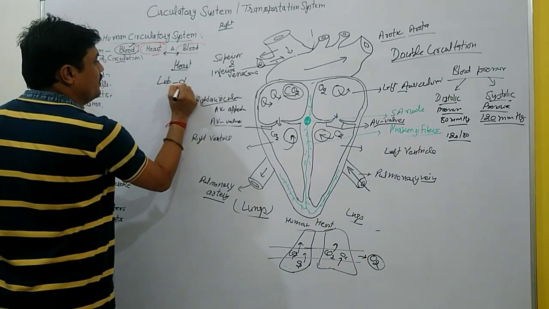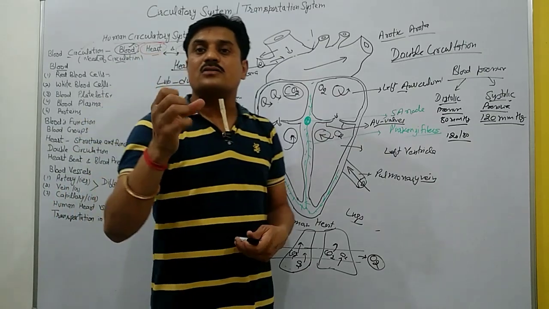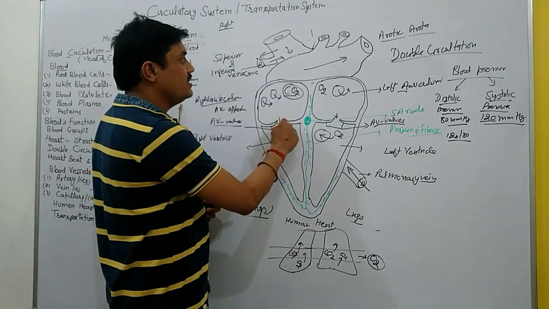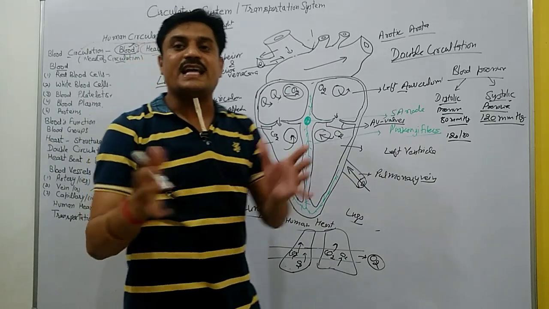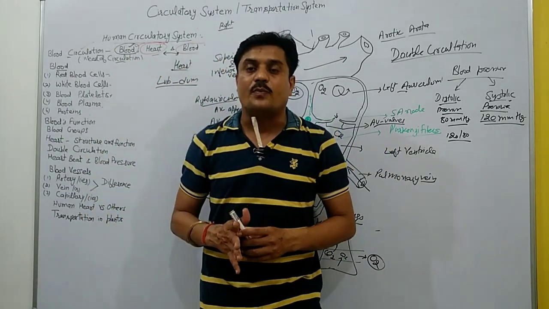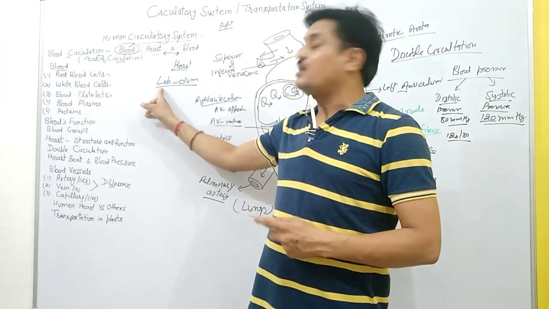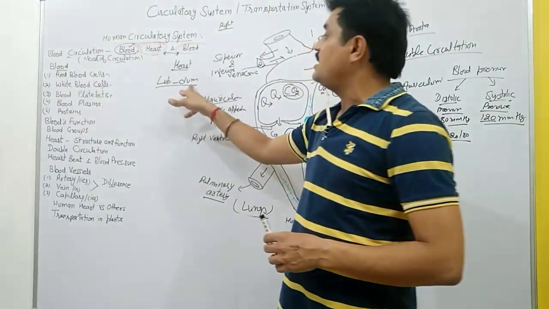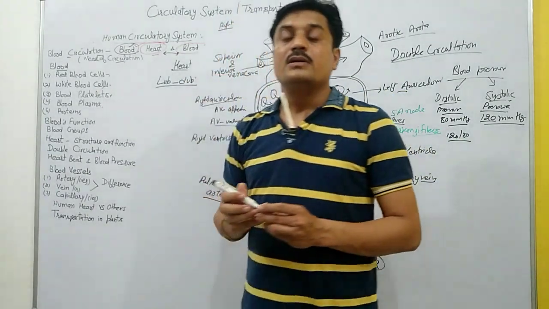During the contraction, the arteries, the aorta, the vena cava, and the AV valves, the tricuspid valve and bicuspid valve, close and open. During the contraction, the sound produced is called lub, and when there is relaxation, another sound is produced. It is called dub. Lub, dub.